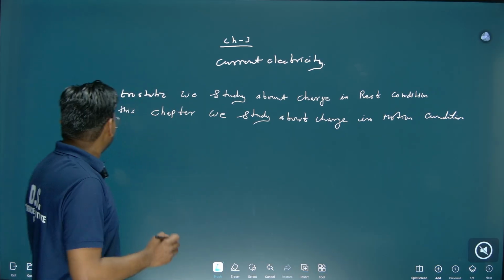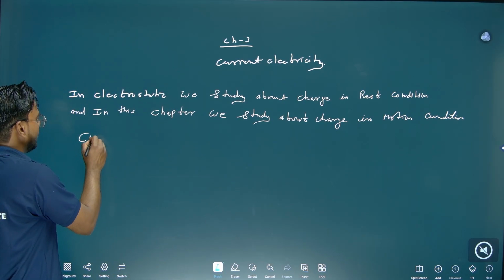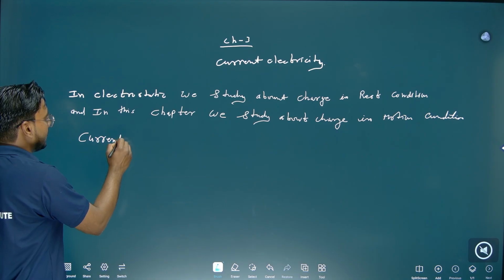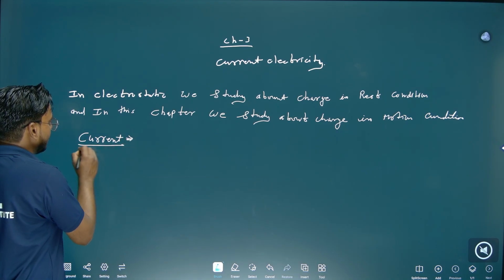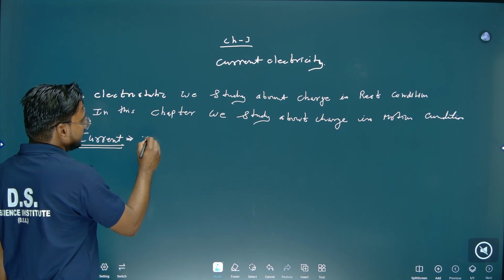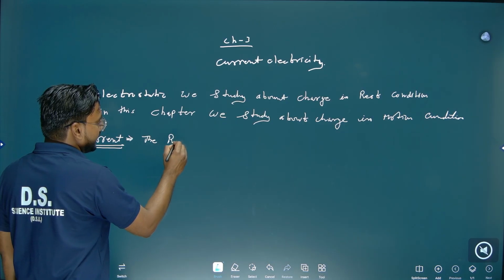What is basically current? First we are going to discuss the current. What is the current?